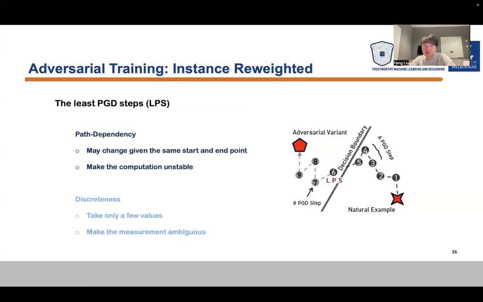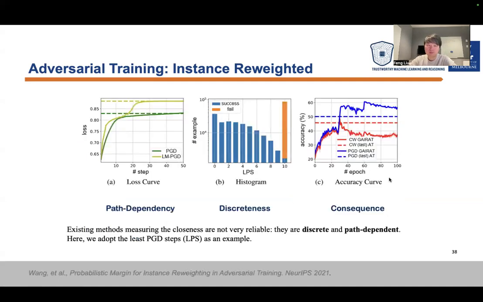It's not stable, right? Because for the same adversarial data and same natural data, LPS might change, so it's not a good property. The other problem is discreteness. You can say this step value is always an integer and it can only take a few values, for example, 10 or 12 or 50, okay. And it will make the measurement ambiguous, not precise.